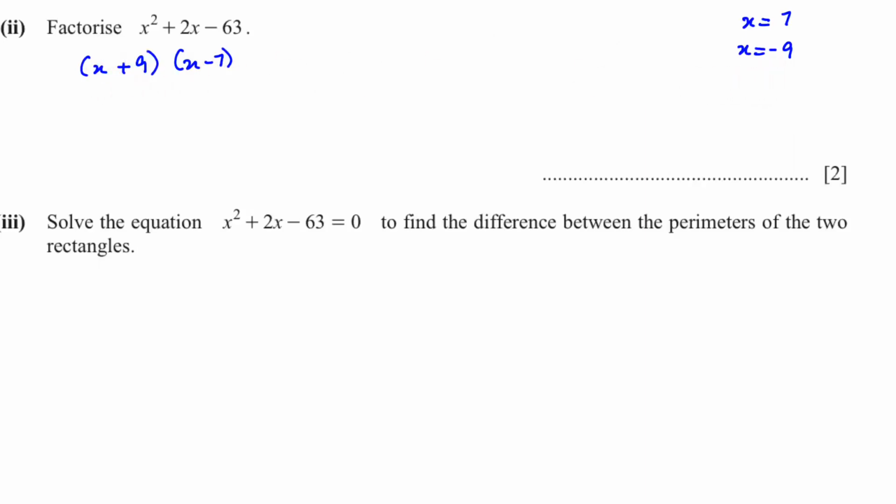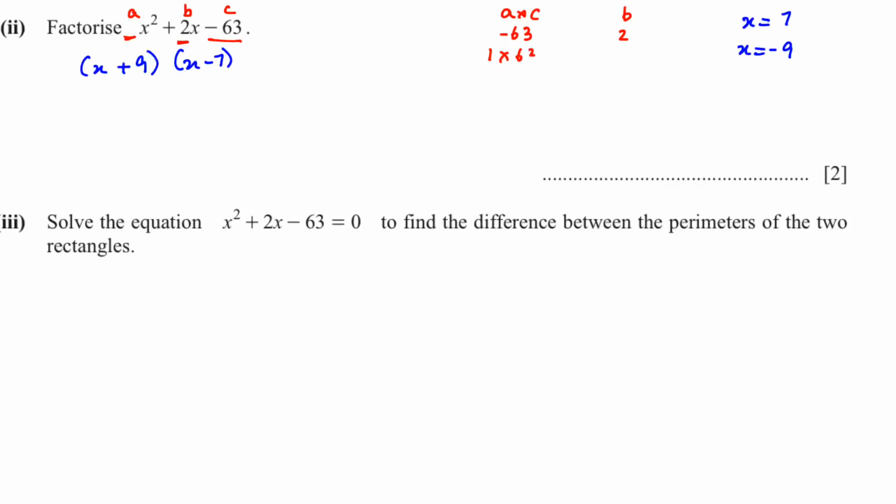Now suppose we were doing it the long way. This is your a, the coefficient of x square. The coefficient of x is b, and your number is your c. So we multiply a by c, and when we add the factors of a by c, we should get b. So 1 multiplied by -63 is -63, and your b is 2.